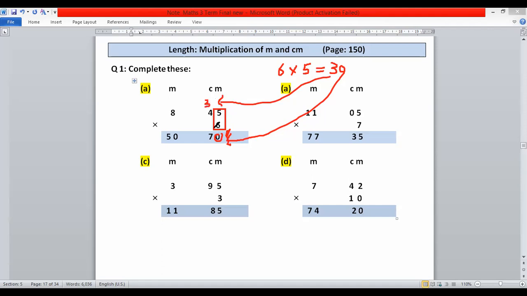And after that we multiply 6 by 4. All of you know that 6 multiplied by 4 is equal to 24. And after that we add this carry number. The carry number is 3. So 24 plus 3 is equal to 27. So again we write 7 here, and 2.